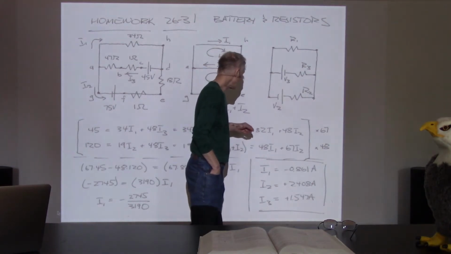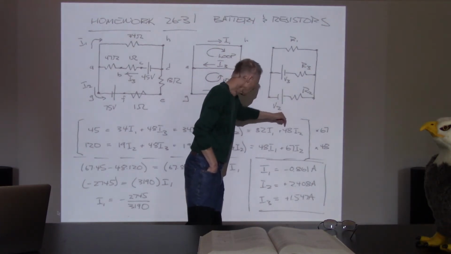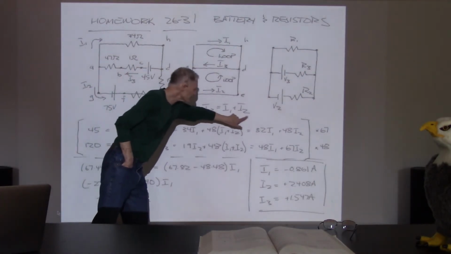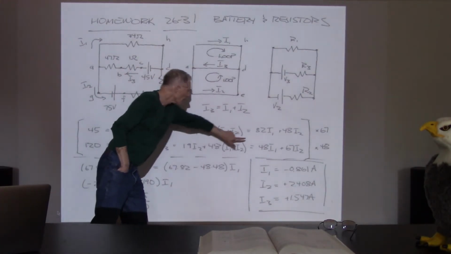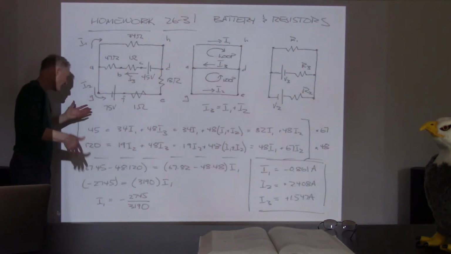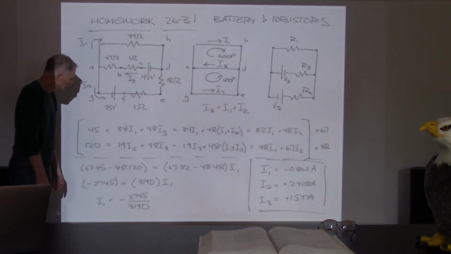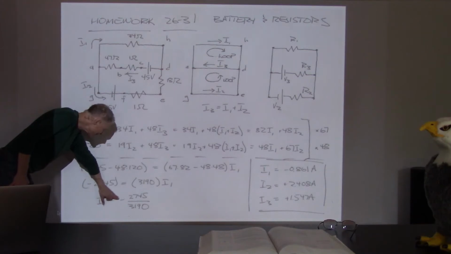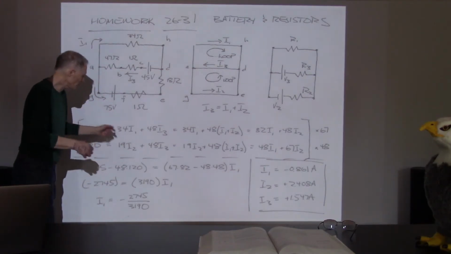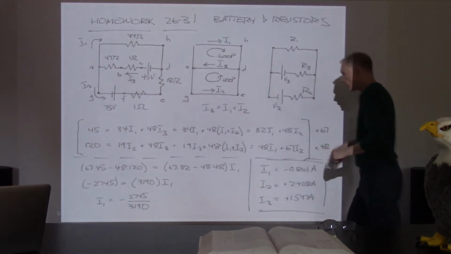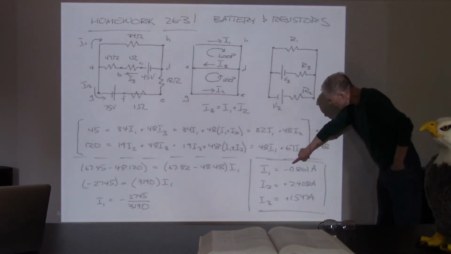I carried out the calculations here, and that turned out to be 67 times 82 minus 48 times 48. So I got minus 2,745 equals 303,198 times I1. And it turns out I1 is negative 2,745 over 3,198. So I calculated that. I1 is minus 0.861 amps.